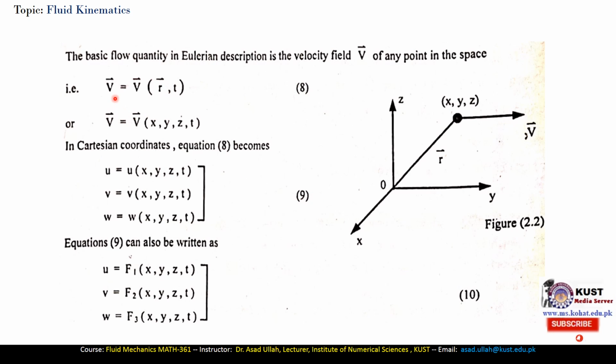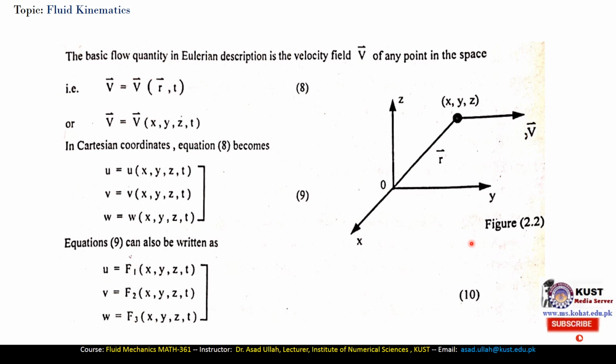We have just used the components of velocity, that is u, v and w. Now equation 9 can also be written in the form of equation 10. We have just replaced u, v and w by general functions f1, f2 and f3. Equation number 10 is more general as compared to equation number 9.